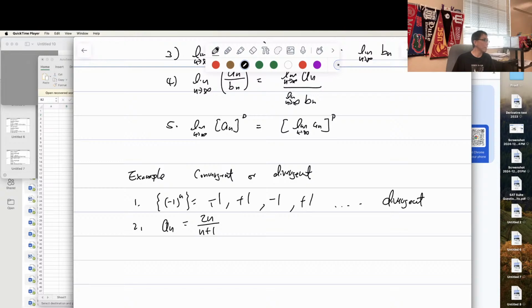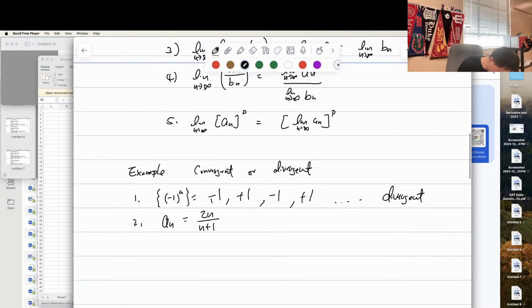So it turns out a lot of the definitions and ideas are correct. The horizontal asymptote is probably the easiest thing to look at: it will converge to a value. The reason is two ways. You can use L'Hopital's rule, so it's going to be 2 over 1, which equals 2. You can also divide by the highest degree.